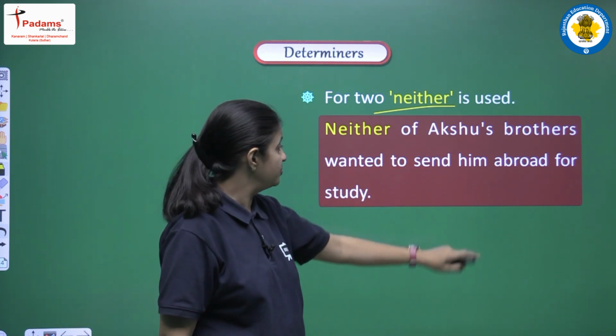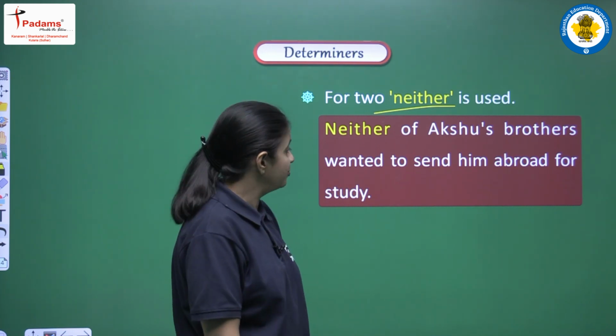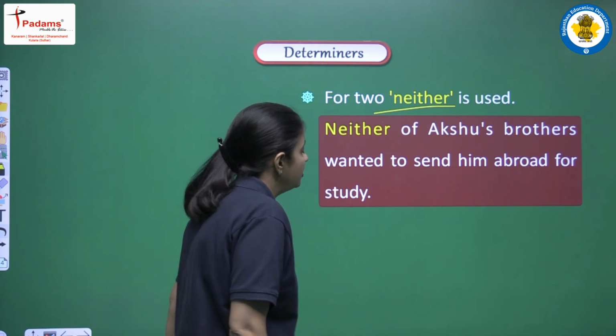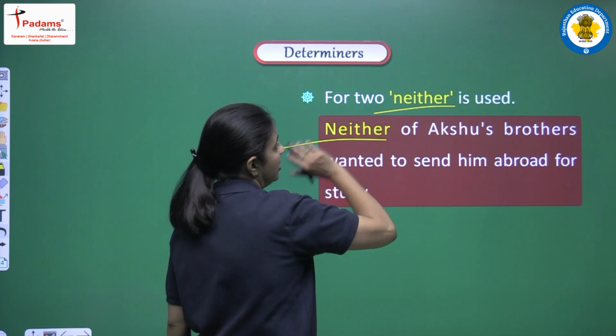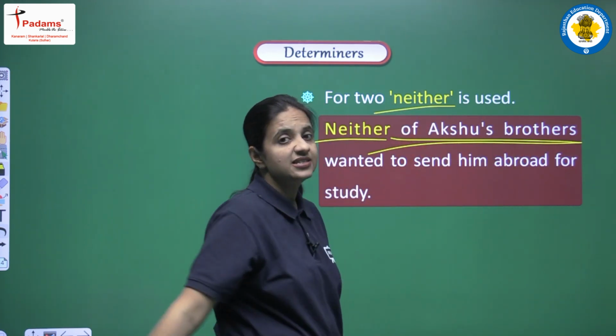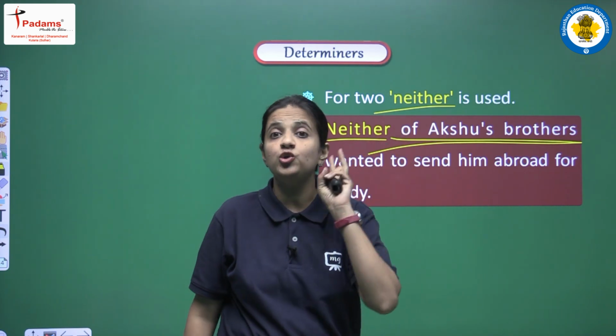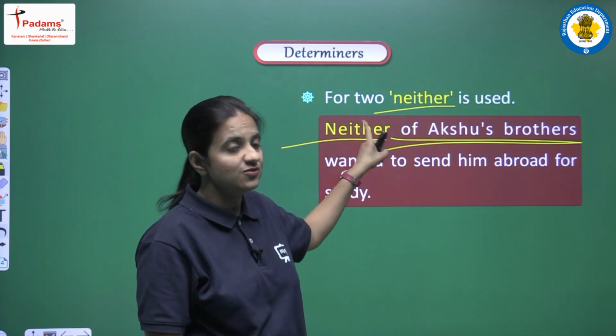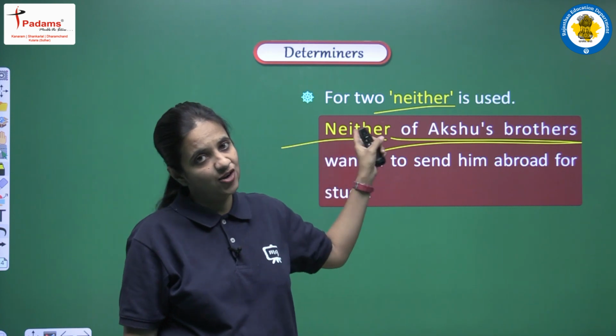Neither of Akshu's brothers wanted to send him abroad for study. If we are using neither here and we are writing that neither of Akshu's brothers, one thing is clear that Akshu is having two brothers, because we are having neither in the beginning of the sentence.